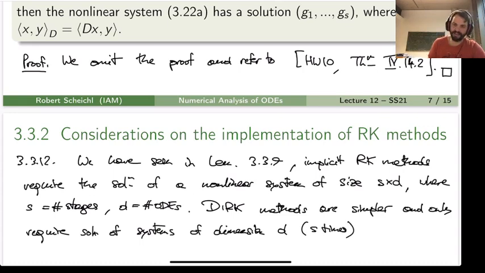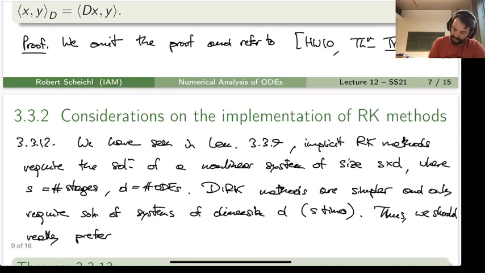So you're solving S independent nonlinear systems of dimension D. Thus, we should really prefer this class of methods, were it not for the following result.